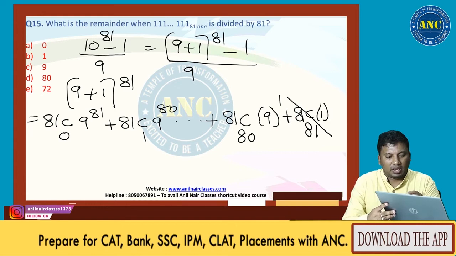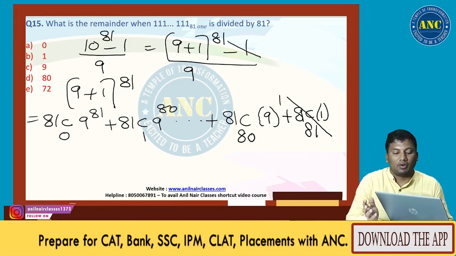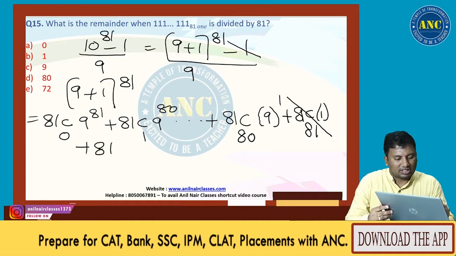So plus 1 minus 1 will get cancelled. So these are nothing but 81C79 9 square plus 81 times 9 power 1.